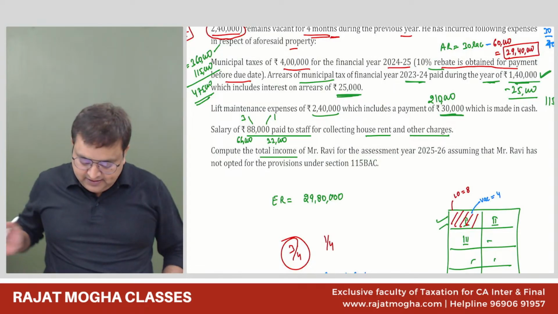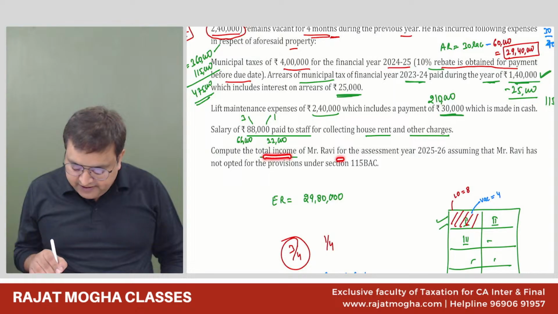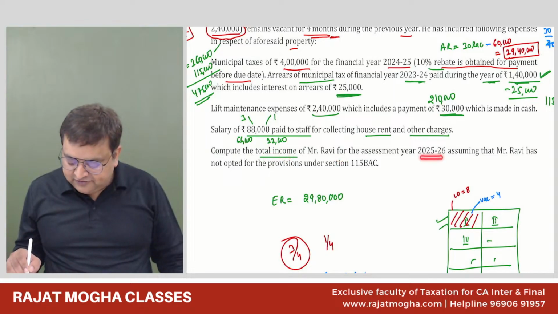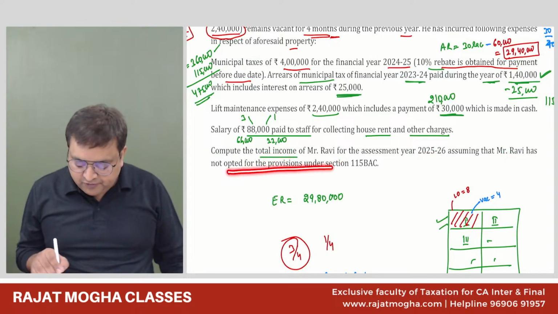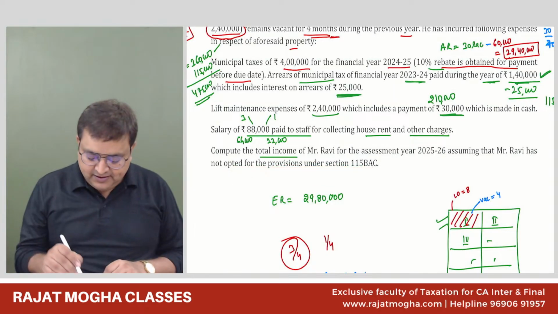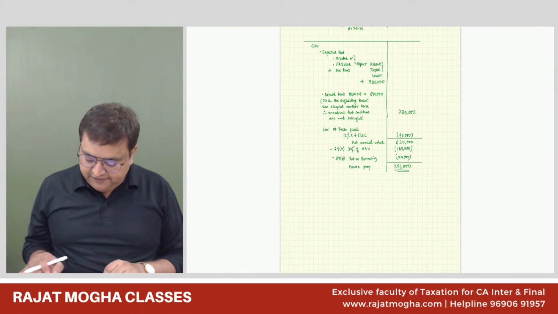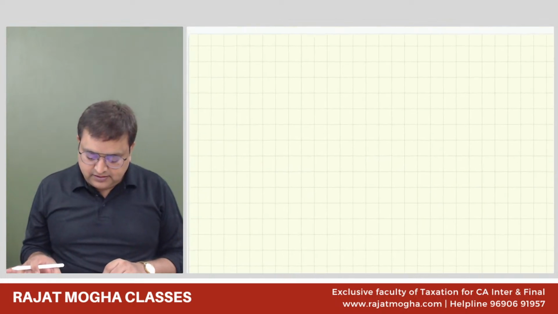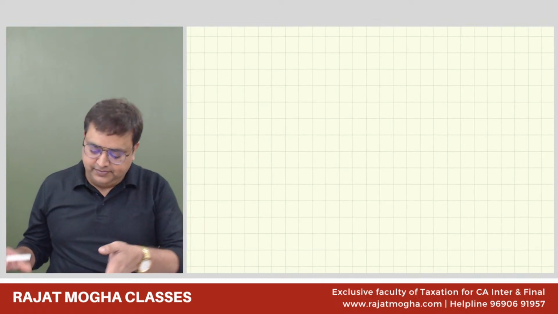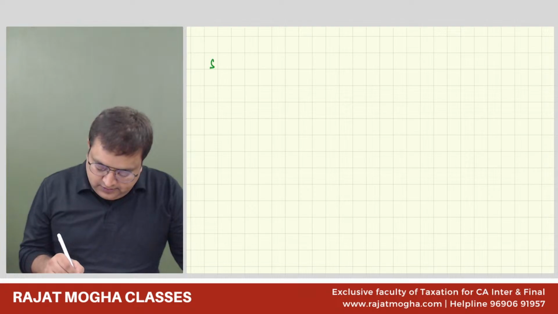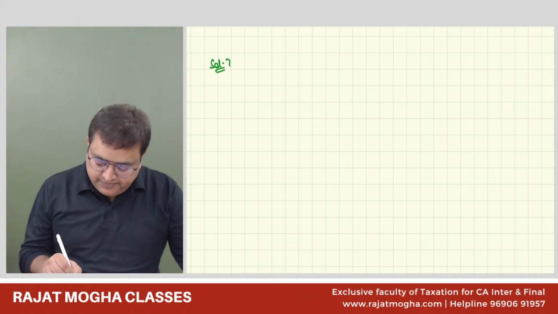Next, compute the total income of Ravi for the assessment year 25-26, assuming that Ravi has not opted for the provision of 115BAC. Okay, everybody with me? Solution number 3.